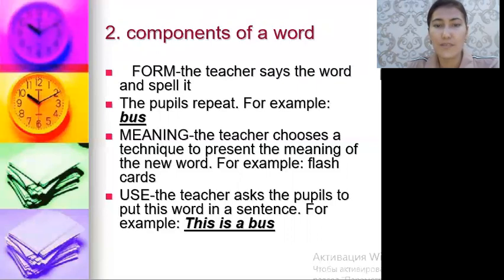The teacher chooses a technique to present the meaning of the new word, for example, flashcards or pictures or photographs when helping students picture new words, and online pictures maybe, or picture dictionaries, and so on. Then using: the teacher asks the pupils to put the word in a sentence. For example, this is a bus.